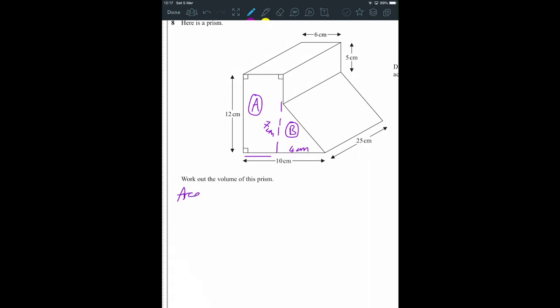So the area of cross section is going to be the area of A, which is a 12 by 6 rectangle, plus the area of that triangle, half base times height. 12 times 6 plus a half of 4 times 7 gives me a cross-sectional area of 86.